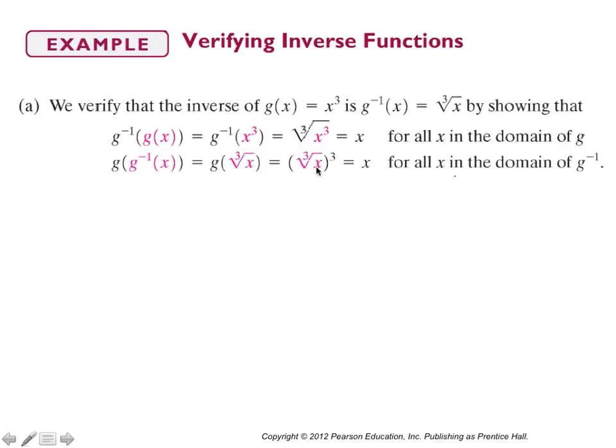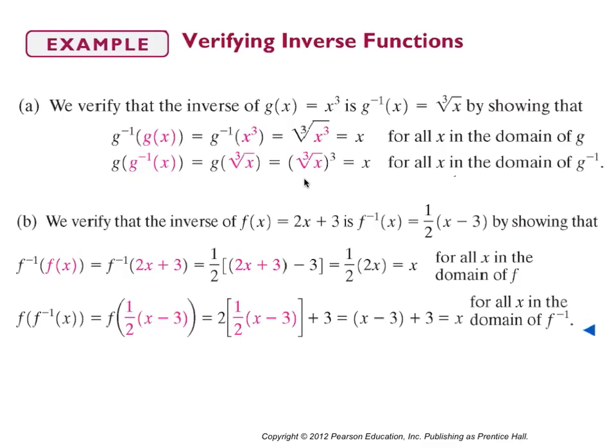And if we take cube root of x and then raise that to the third power, we again get x, okay? And this is for all x in the domain of g and for all x in the domain of g inverse. So since those two both resulted in x's, we do have two functions that are inverses of one another.